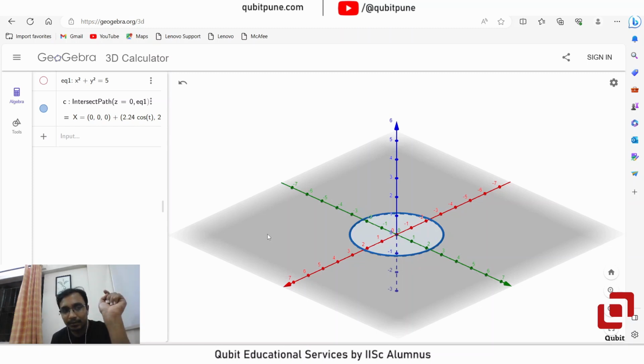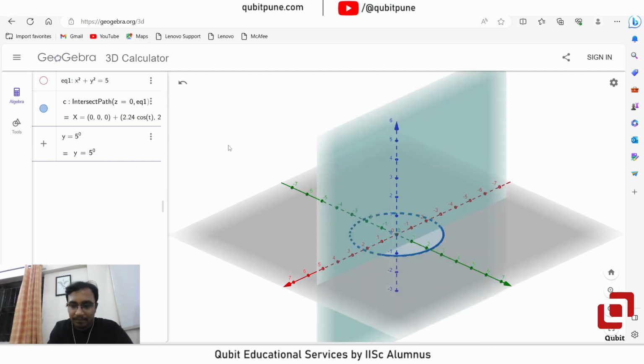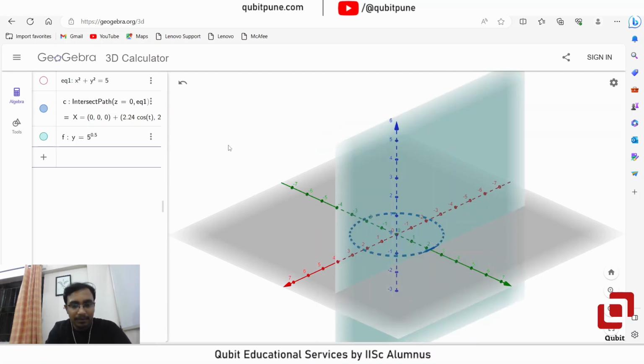Oh, okay, got it. And then you just take a line. Okay, you take let's say y equal to root 5, and you take its intersection with z equal to 0.